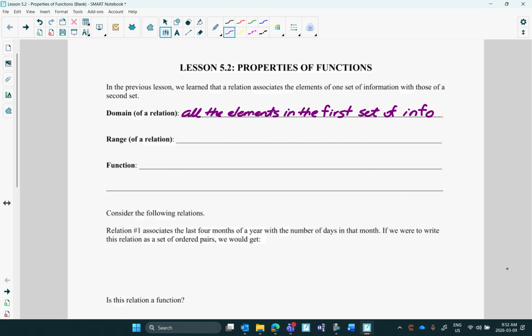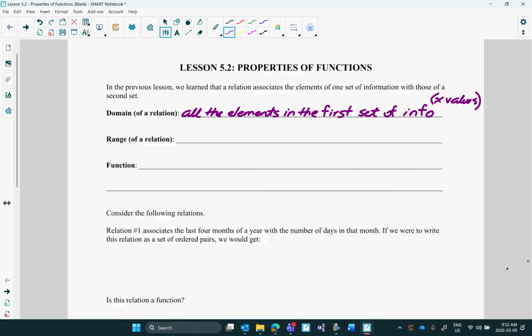Or the x values. So if I show you a relation as a set of ordered pairs, the domain would be all the first words or numbers in the ordered pairs, the first ones.